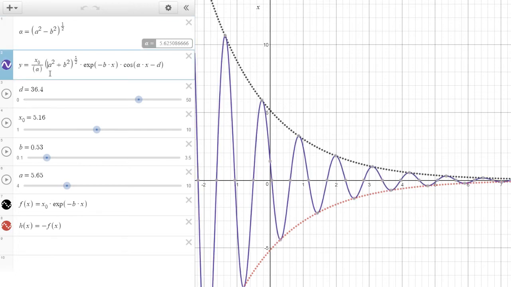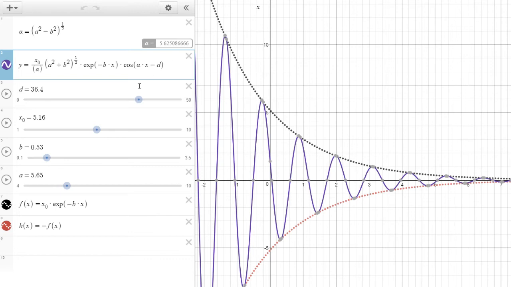The equation is x naught upon alpha and the square root of a squared plus b squared. So I've just called it a and b in this term. A squared plus b squared to the power of half, e to the minus b times x, cos alpha x, and the angle theta I've actually put in as a d because it wouldn't accept the theta. Alpha minus d.